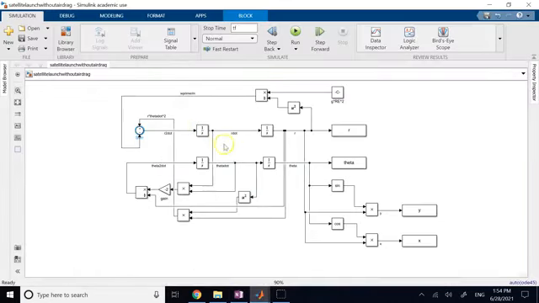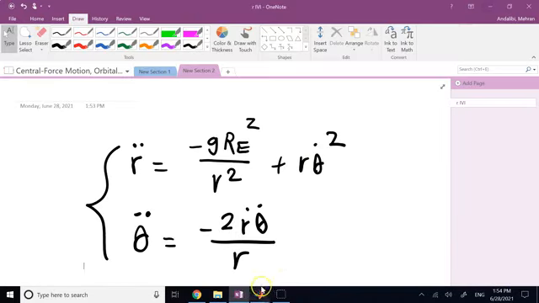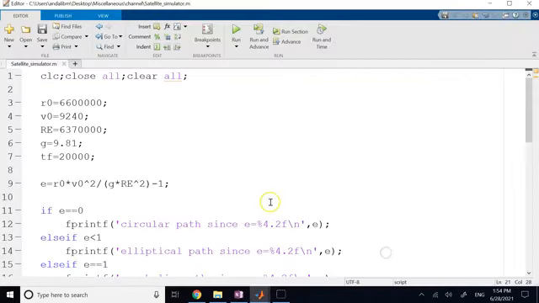Okay, because remember V naught is equal to R times theta dot, so theta dot is equal to V naught over R naught. And this is that 2 R dot theta dot divided by R. So that's all it is. I provide the final simulation time, and then I run this whole thing from my MATLAB script. So here I'm doing a simulation with some speed of 90 to 40.